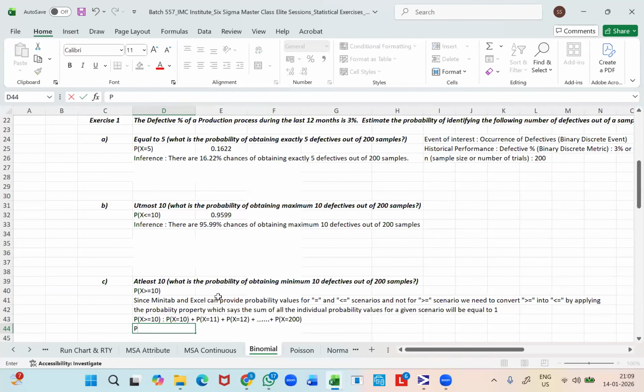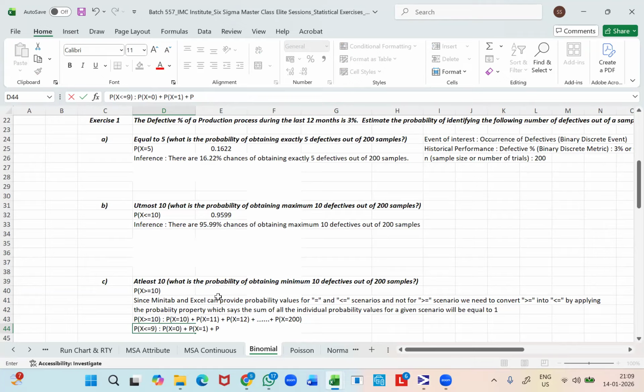And then we have P of x less than or equal to 9, right? Which will be P of x equal to 0 plus P of x equal to 1 plus P of x equal to 2 up to P of x equal to 9.